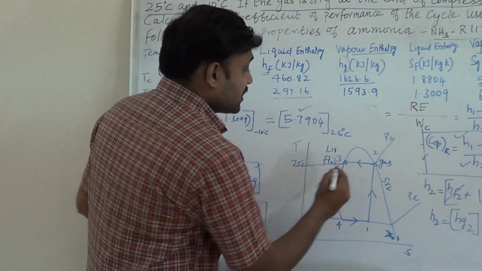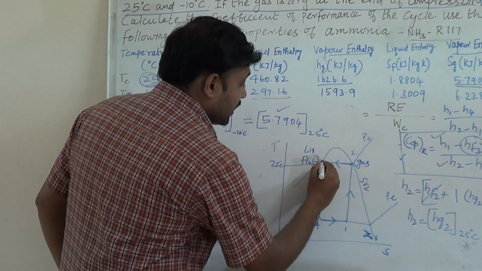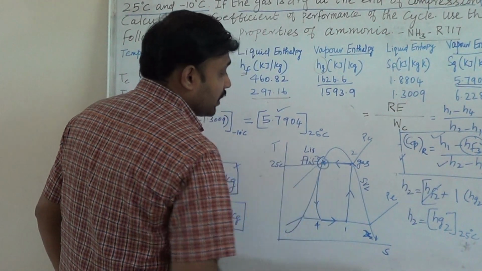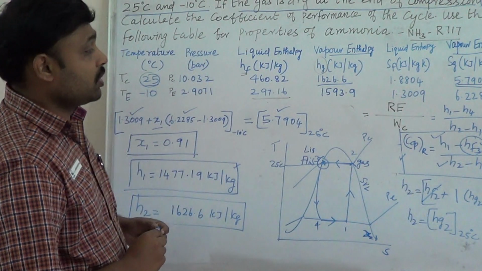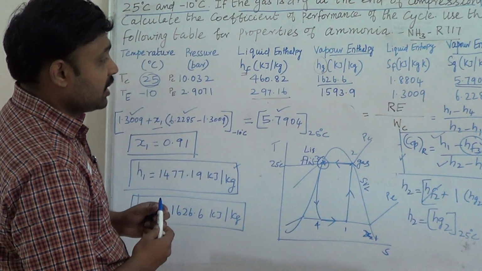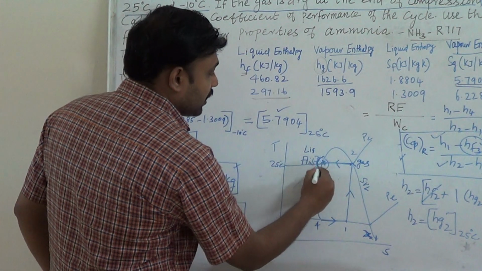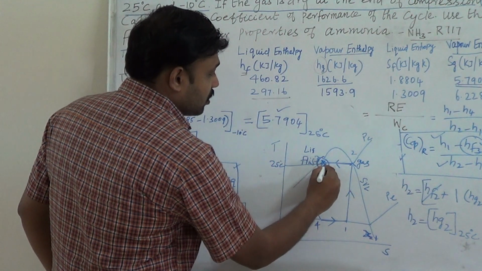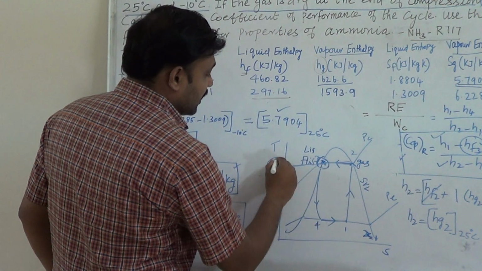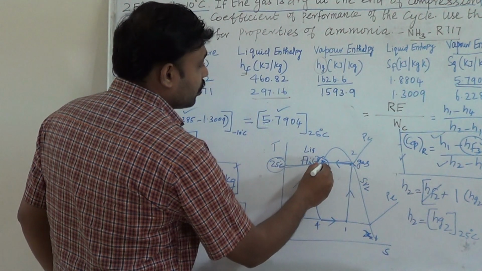Now after condensation, the refrigerant is entirely converted into liquid. We know that it is going to be an isenthalpic process, so H3 and H4 should be the same. Since it is a liquid enthalpy, corresponding to the same 25 degrees centigrade, we can directly calculate.